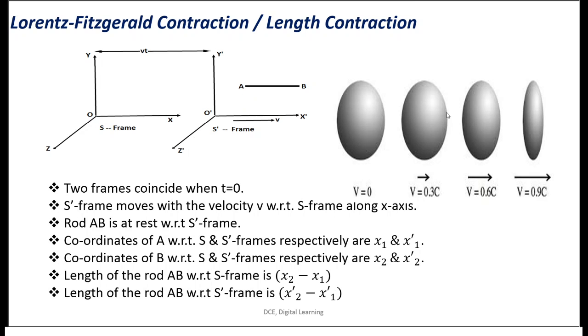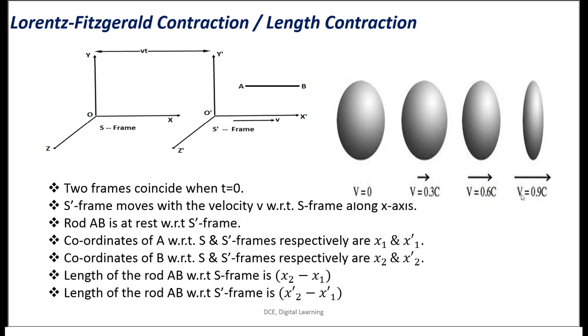So look at this picture here. A sphere which is at rest, v equal to 0. When it moves with the velocity 0.3 times the velocity of light, it is somewhat contracted. When it is moving with 0.6 times the velocity of light, it is further contracted.